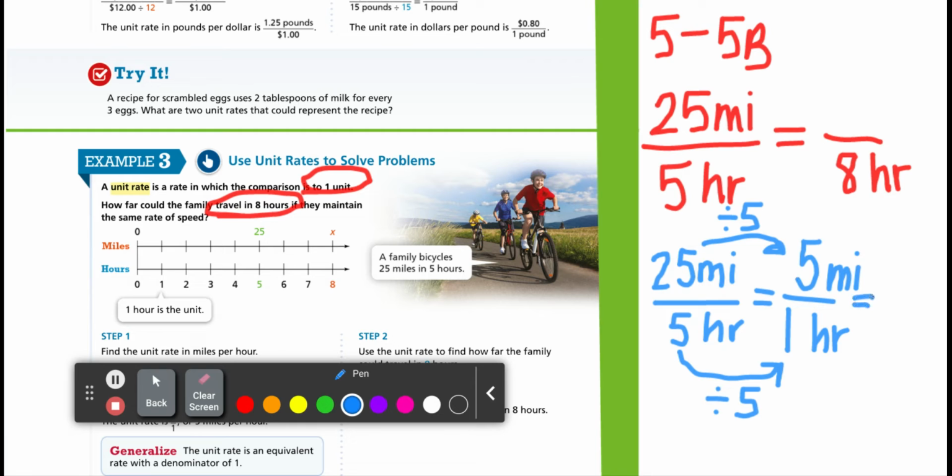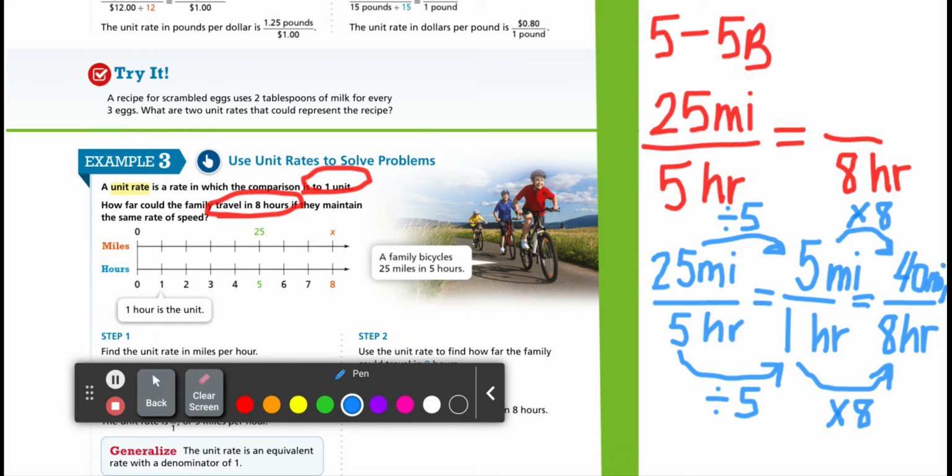Now I can figure out pretty easily how many miles they can ride in 8 hours. Again, hours goes on the bottom so that our units stay consistent. How do we go from 1 to 8? We multiply times 8. Whatever I do to the bottom, I have to do to the top times 8. 5 times 8, 40 miles.